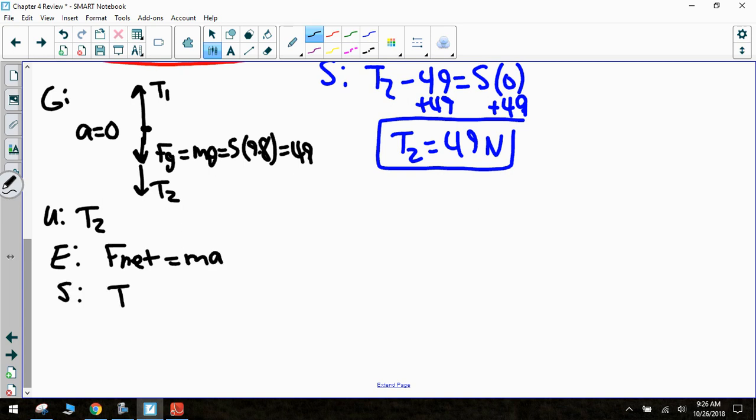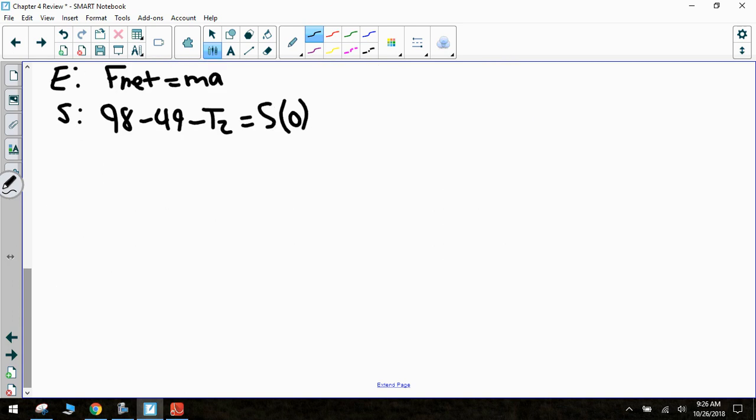I've got T1, which I already know is 98, so 98, minus 49, minus T2, equals 5 times 0. I'm going to add T2 to both sides, and I get that T2 is equal to 49 newtons.